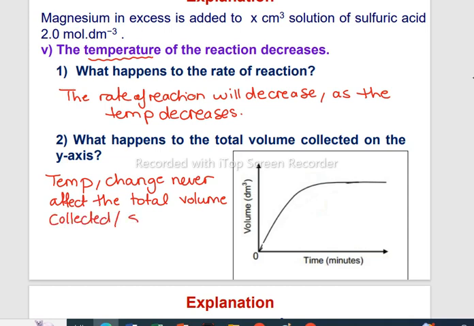So same ending. Okay, I'm going to have a less steep curve, and it's exactly the same ending. So this is for V.